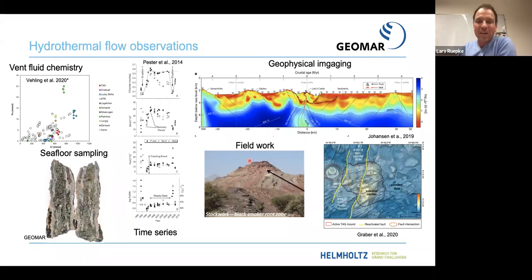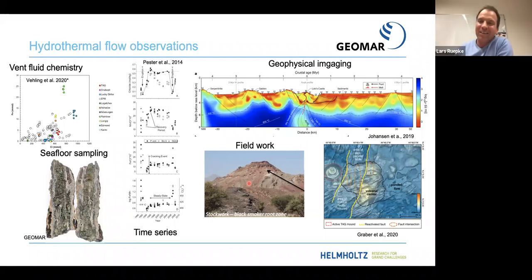If you do fieldwork, I'm not a big field guy. If I ever go, I really like ophiolites. In Oman, you see these stockworks or the black smoker zones. It's really nice, and you can really understand what the sequence of the ocean crust is. There are also anecdotes that ancient settlements were attracted to these black smoker root zones in the stockwork because of the colorful mineralizations around them. So, an interesting topic, but not for today.